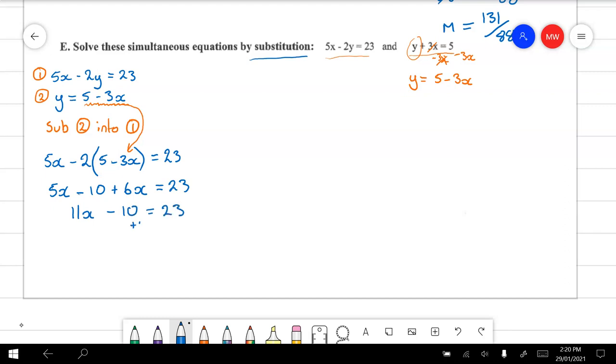Might add 10 to both sides. So I have 11 x's here, and I have 33 over here. I'll divide by 11, same on the other side. So now x is 3. So I've done half of the work.